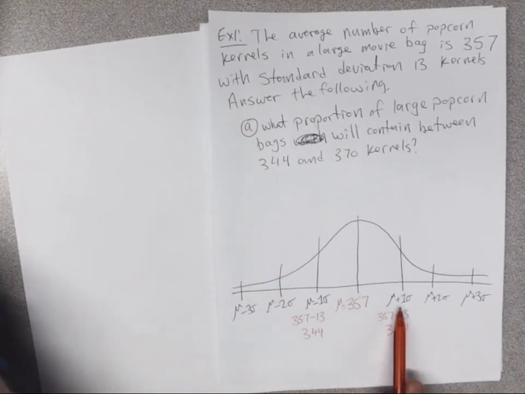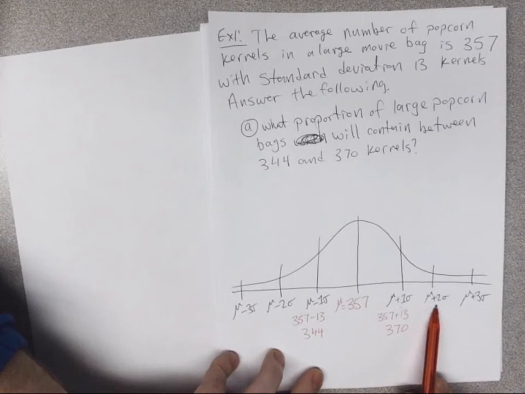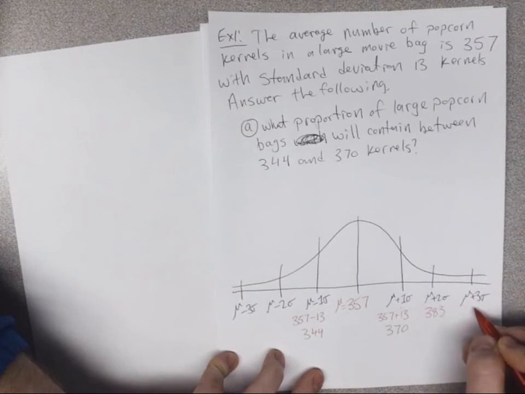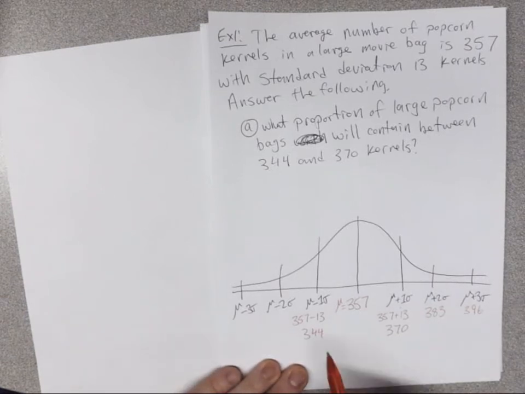And then let's finish out. Here I just added 1 standard deviation. To get to 2 sigma, I add another standard deviation. So I add 13 to this, which is 383. Then I add another 13, which is 396. And then we go backwards.